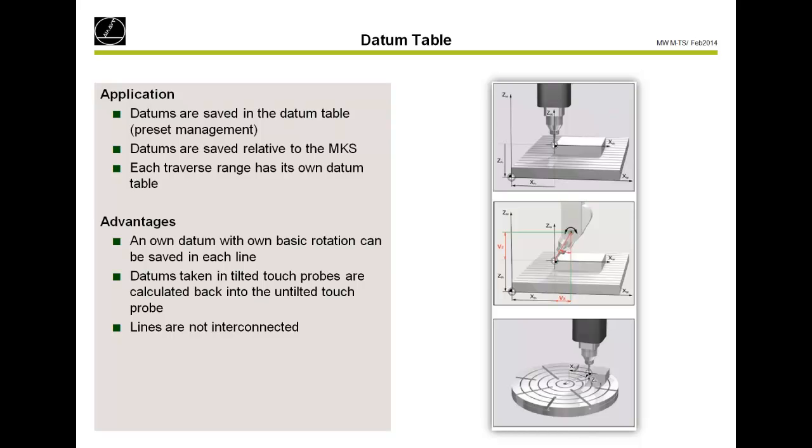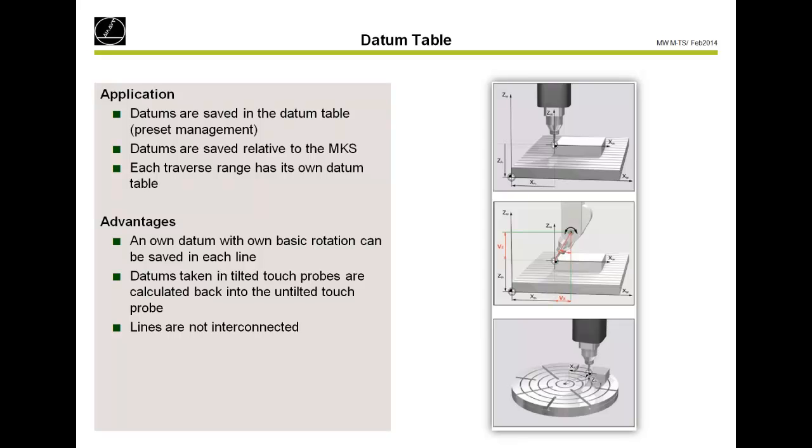With a machine with a round axis in the table, for example an AC table, the values of the preset table will always go to the middle of the last round axis, for example the Z-axis. Also, an advantage of the preset table is that you can use a separate basic rotation for every line.